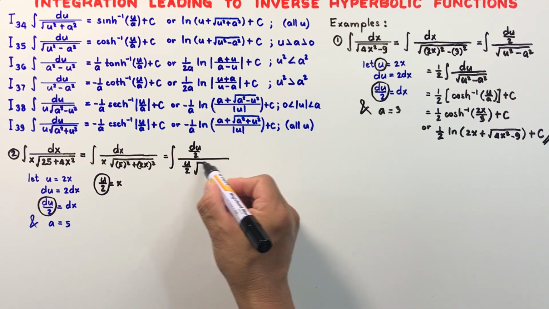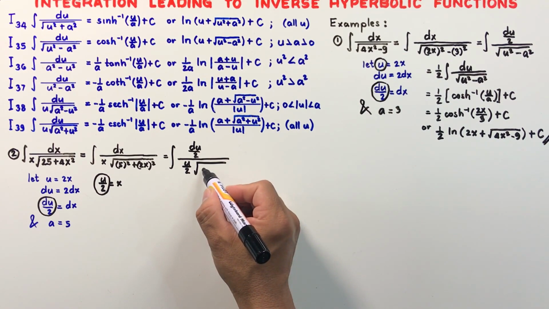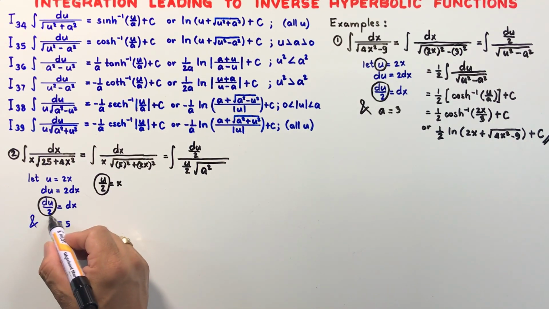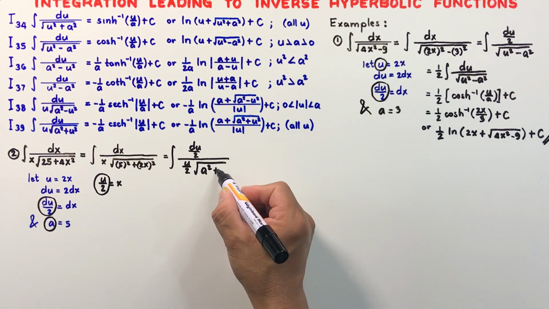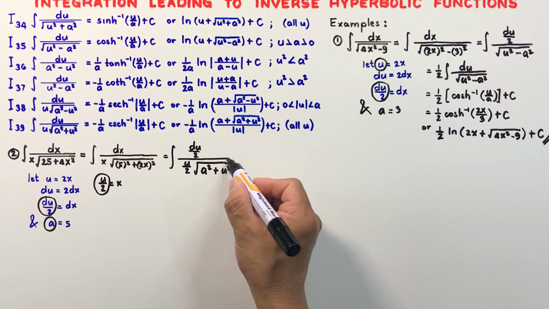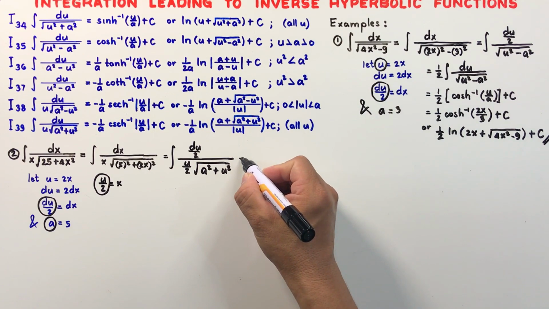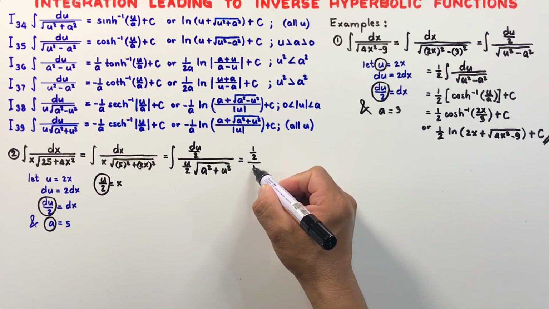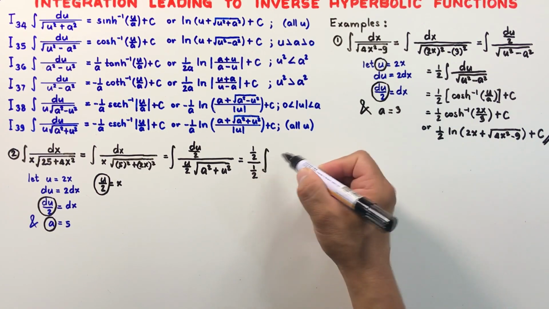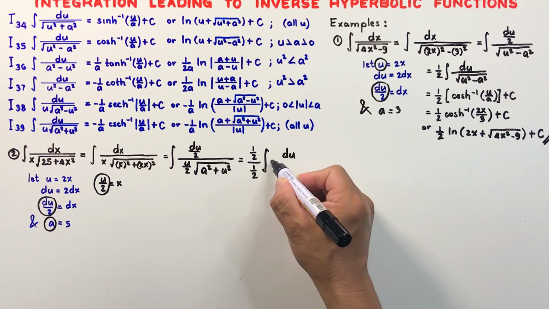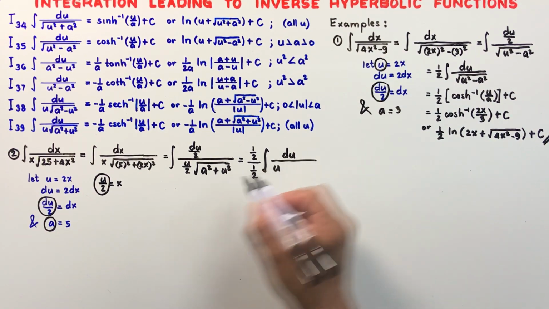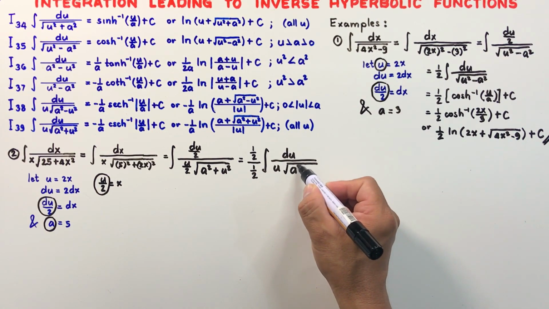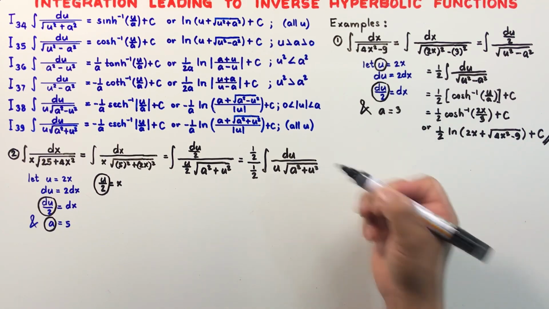And then this is multiplied by the square root of a squared, because 5 is our a here, and our 2x is our u. So factoring the constants outside the integral symbol, we have 1/2 over 1/2. And this is multiplied to the integral of du over u, because we have a u here, and this is multiplied to the square root of a squared plus u squared.